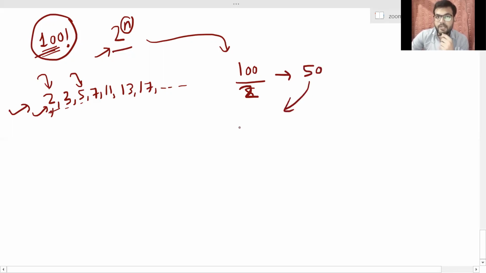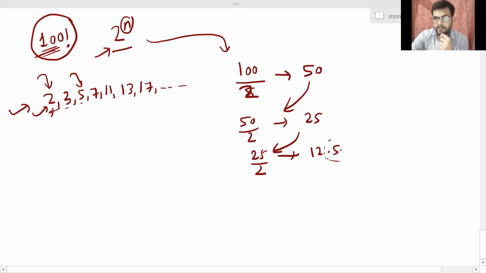Again divided by 2, 50 by 2, you will get 25. Again divided by 2, 25 by 2, you will get 12.5, and this 0.5 is not acceptable. I had told you already, because this is the decimal part and we only have to consider the integral part. So the integer is 12. Take this 12 for the next division.